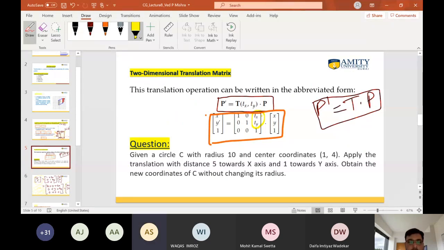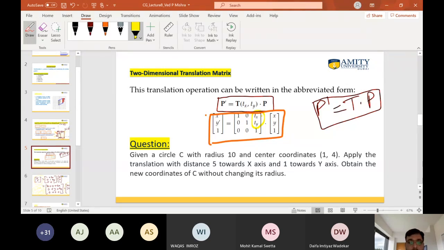Now suppose we will solve one example, and then it will be more clear. So one question is given here. Example: given a circle C with radius 10 and center coordinates 1 4. Apply the translation with distance 5 towards x-axis and 1 towards y-axis, and obtain the new coordinates of C without changing its radius.